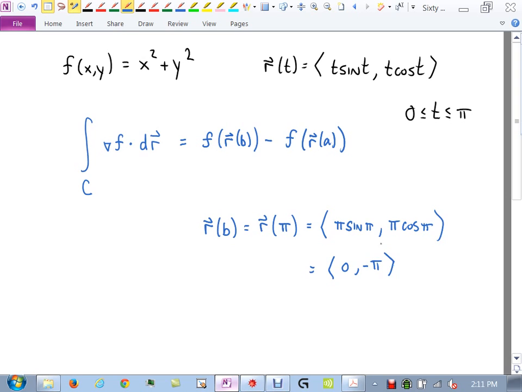What do you think it means to evaluate f at the endpoint? Well, r of b is a vector, but that vector really takes you to a point in two-dimensional space.